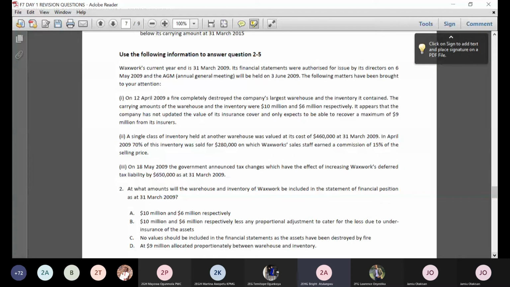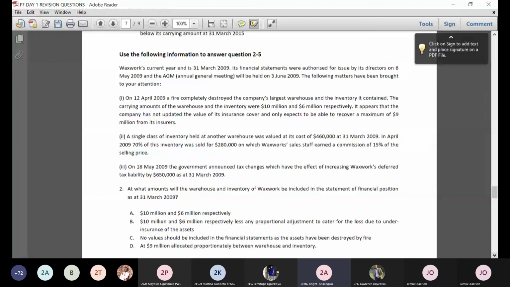First, on 12th April 2009, a fire completely destroyed the company's largest warehouse and the inventory it contained. The carrying amounts of the warehouse and the inventory were $10 million and $6 million, respectively. It appears that the company has not updated the value of its insurance cover and only expects to be able to recover a maximum of $9 million from its insurers. 2.